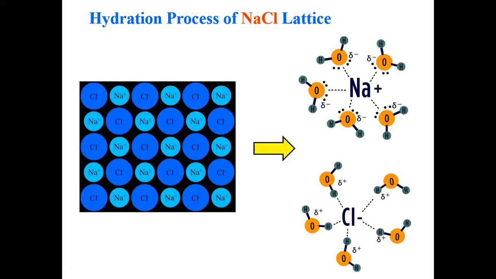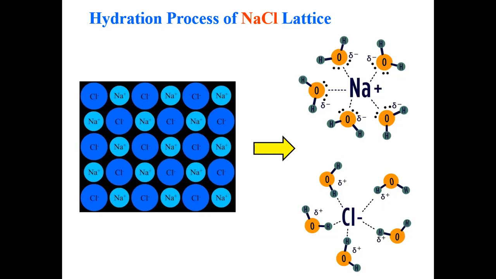So the difference between oxygen and hydrogen electronegativity is 1.4. What will happen? This oxygen will drag the electron more strongly towards itself. As a result, oxygen will be delta negative and the hydrogen portion will be delta positive.